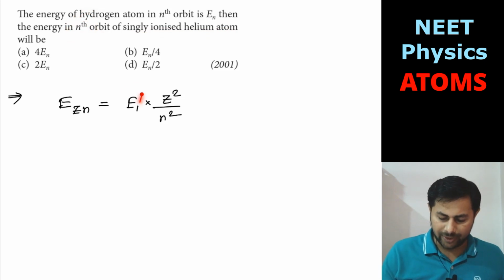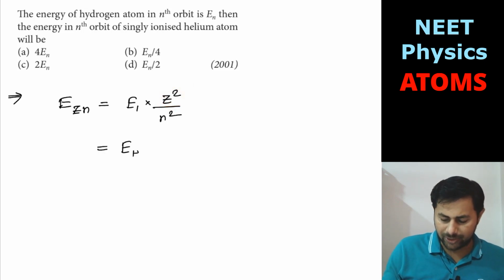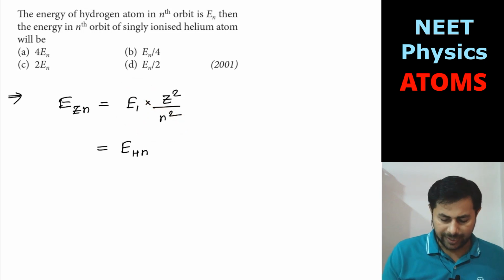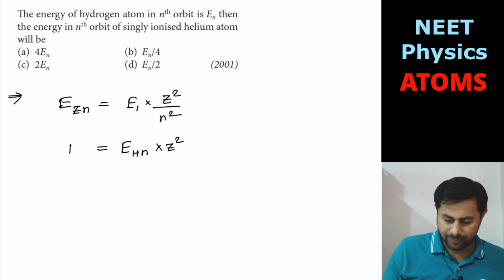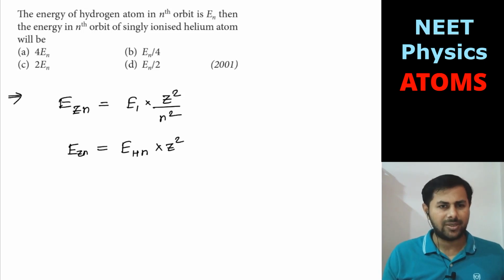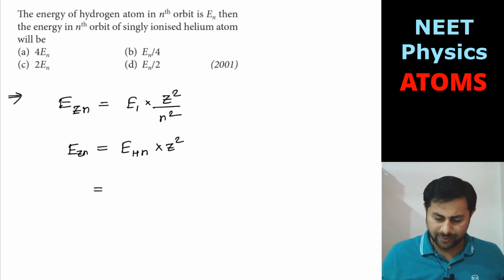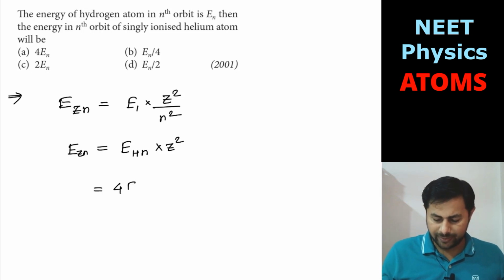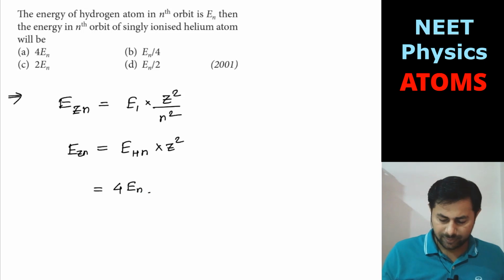Then the energy in nth orbit of singly ionized helium atom will be, tell me. For hydrogen it would be E1 divided by n square, and because they are asking about helium, this is the energy of nth orbit of hydrogen, E1 divided by n square, times Z square. So EZn is just the energy of hydrogen atom in nth orbit times Z square. What's the answer? It's 4 times En, right?